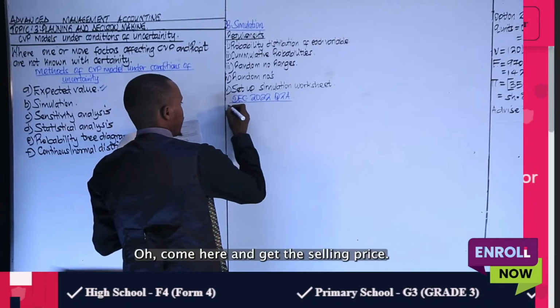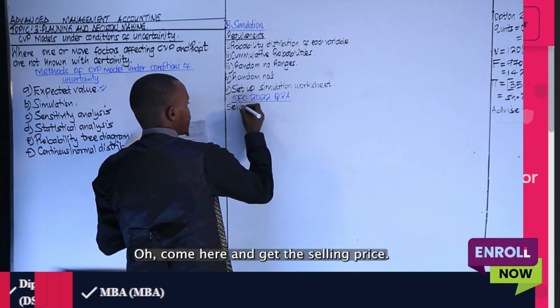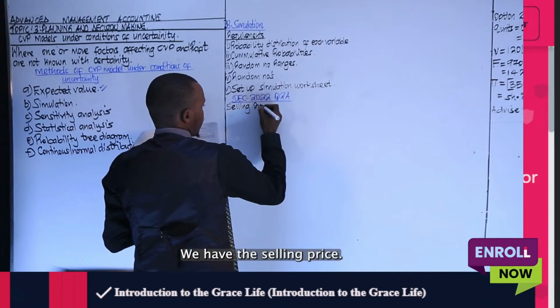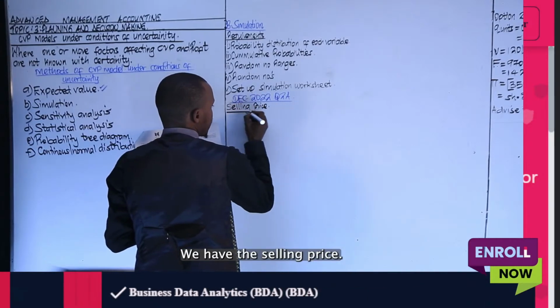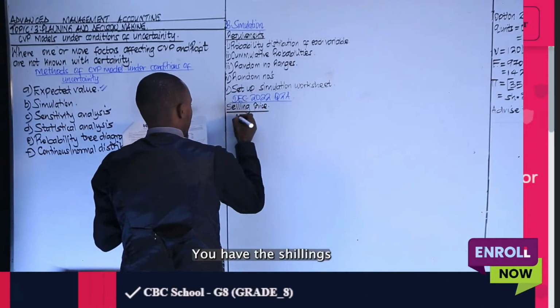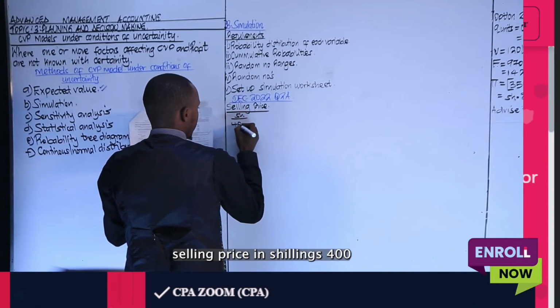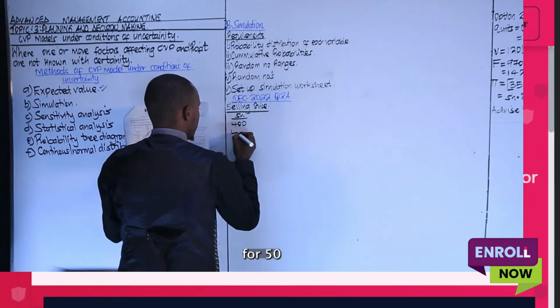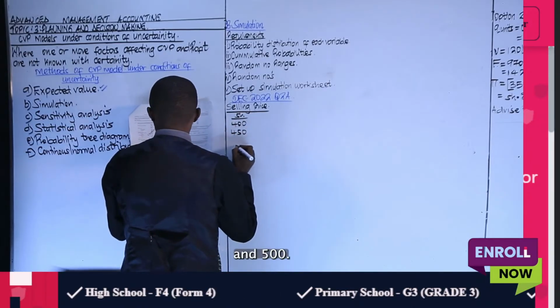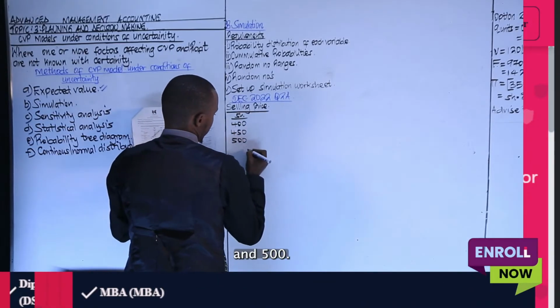So, come here and get the selling price. You have the selling price in shillings: 400, 450 and 500.